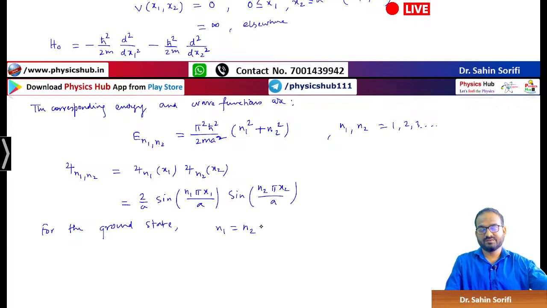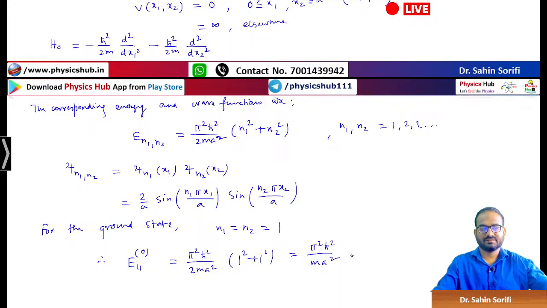Obviously the values of n1 and n2 will be 1. So the ground state energy will be E_{11}, with the superscript 0 meaning unperturbed energy: π²ħ²/(2ma²) (1² + 1²), which is π²ħ²/(ma²).